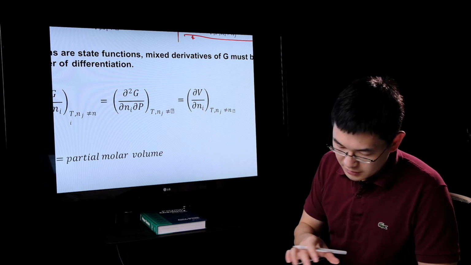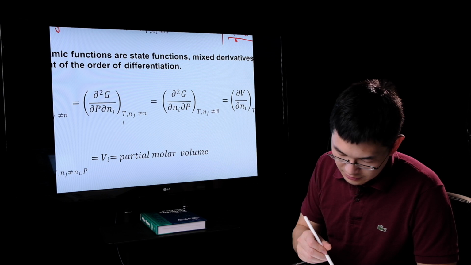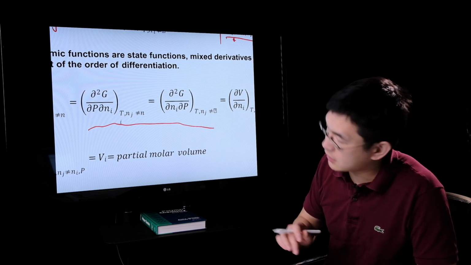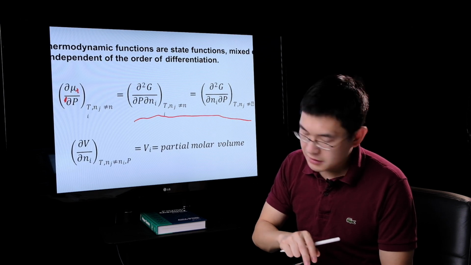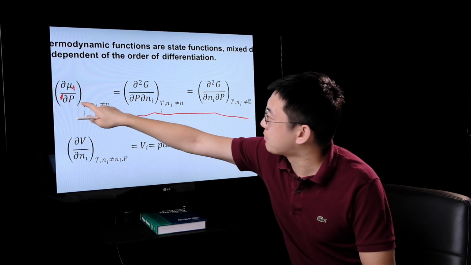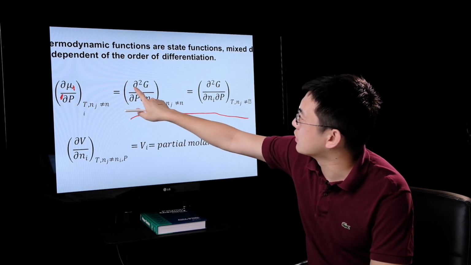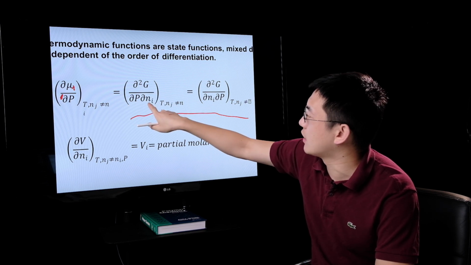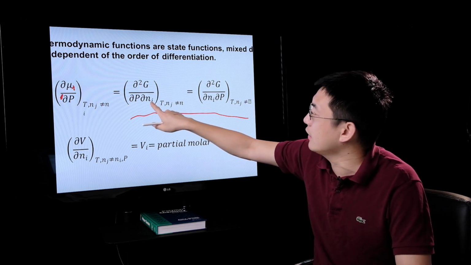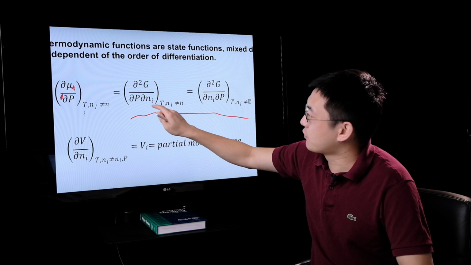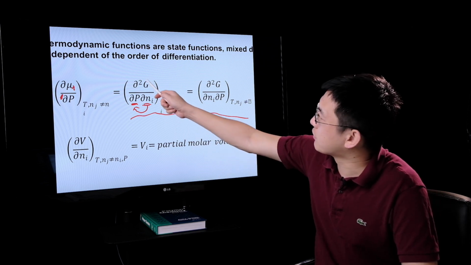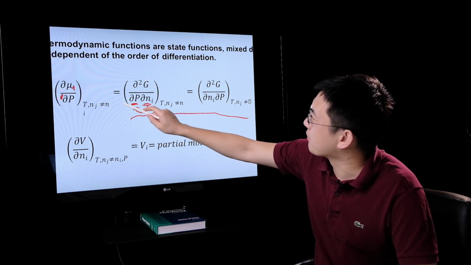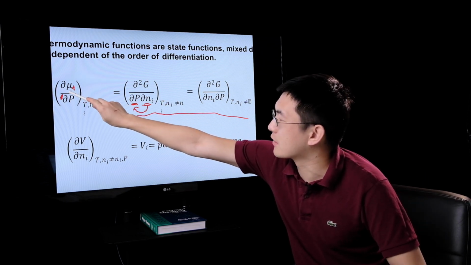And in the process, what happens in the middle is that we expanded the chemical potential divided by P, because chemical potential equals delta G divided by the partial derivative of Ni. Now we switch these two terms in terms of which one we go first. If we take the partial derivative with P, then with N, we get the chemical potential.